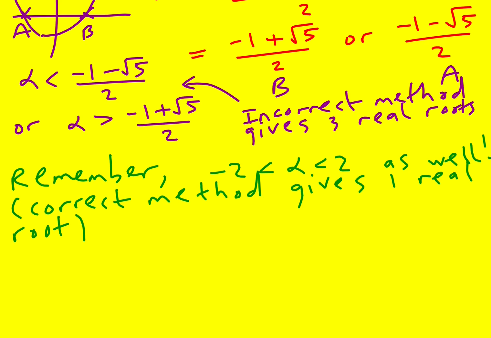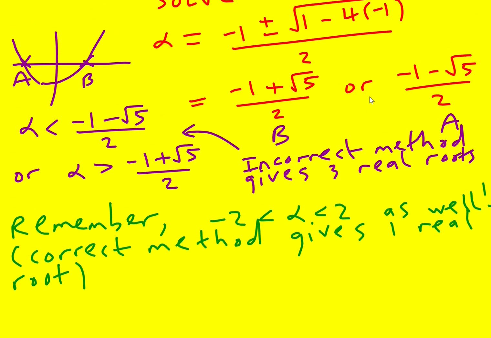So now we need to put this together. And this thing here, minus 1 plus root 5 over 2, is going to be less than 2. So I can put my 2 here, and I'm interested in this region. And then over here, I've got my minus 2, and I'm interested in this region.